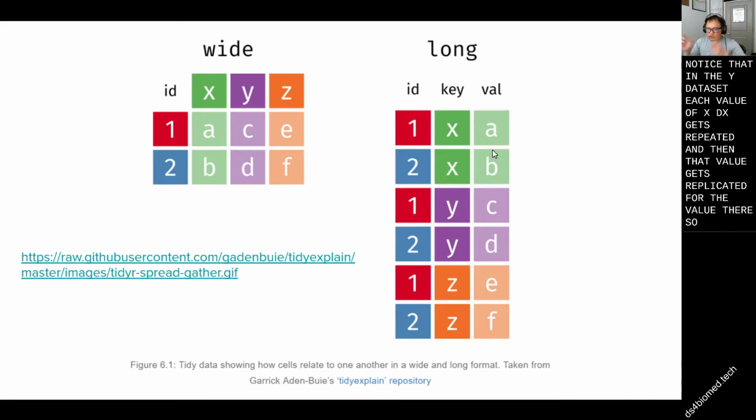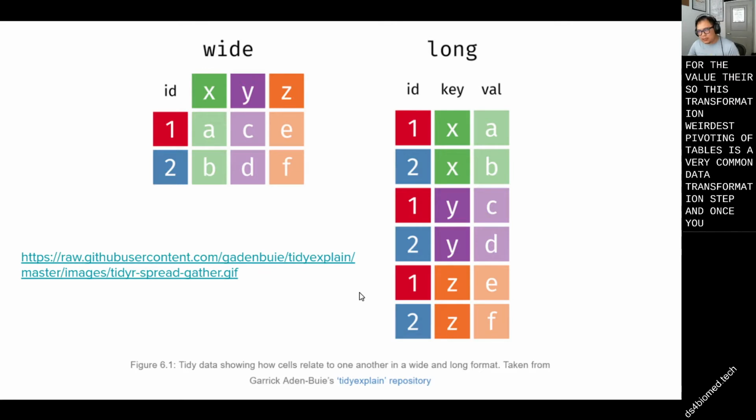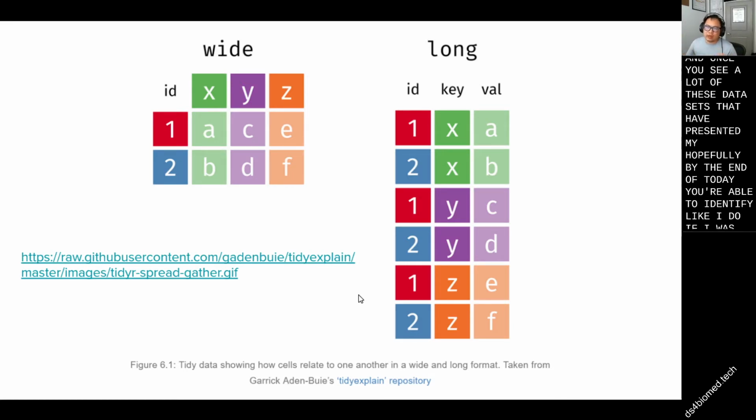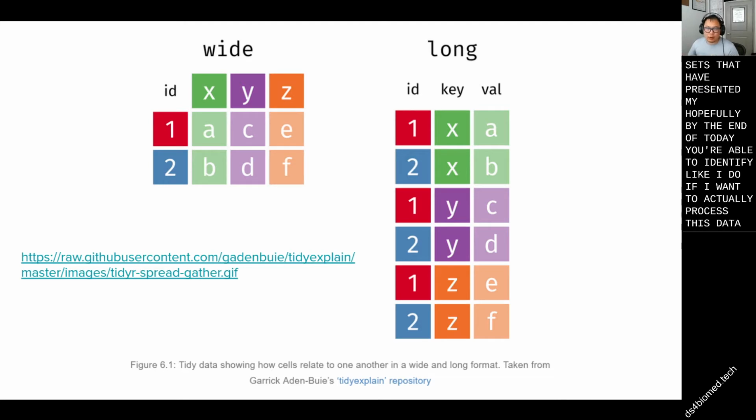So this transformation, or this pivoting of tables, is a very common data transformation step. And once you see a lot of these data sets that get presented, hopefully by the end of today, you're able to identify, oh, if I want to process this data for my own work, I would need to do this particular step to it.